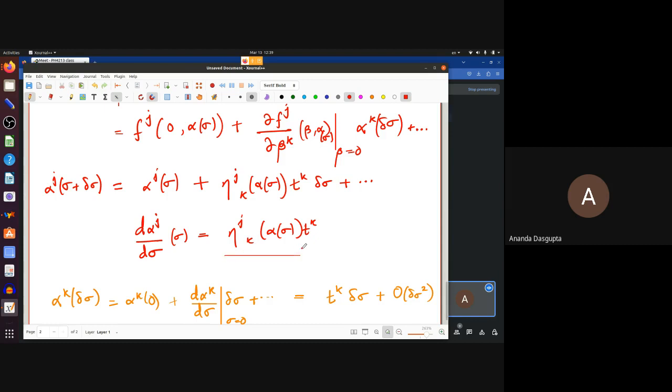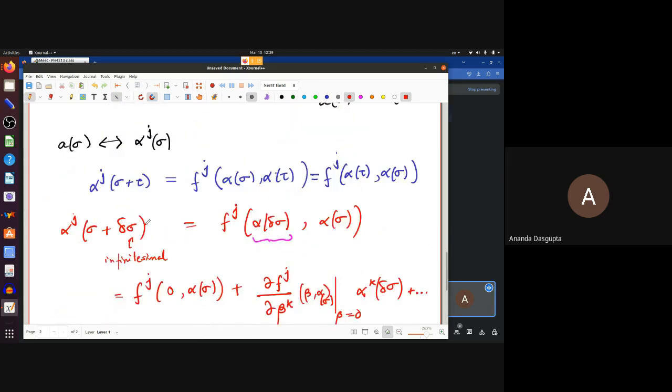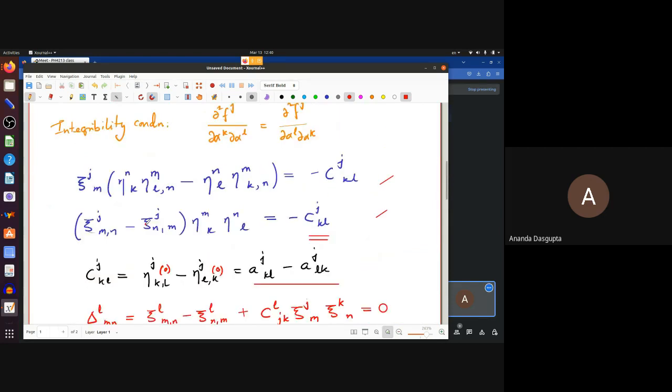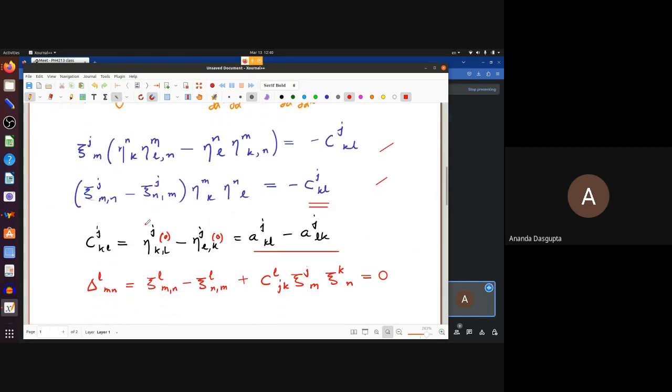So we have a bunch of differential equations, on the right hand side of which you have eta jk of alpha 1, alpha 2, alpha r of sigma, times tk, of course. So basically, these are a bunch of coupled ordinary differential equations. Let me emphasize the difference between this and this set that we had.